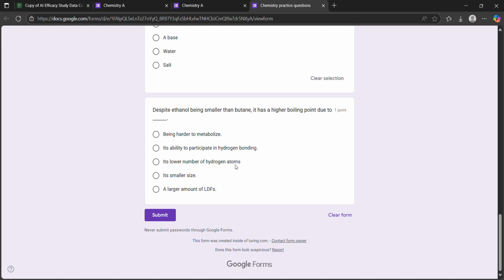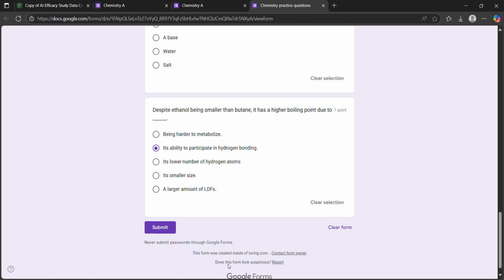Otherwise, as we have read, the more the LDF, the higher the boiling point. It has a higher boiling point, I think, because of its ability to participate in hydrogen bonding. That is the polar nature. Okay, so let's go with this and submit it.